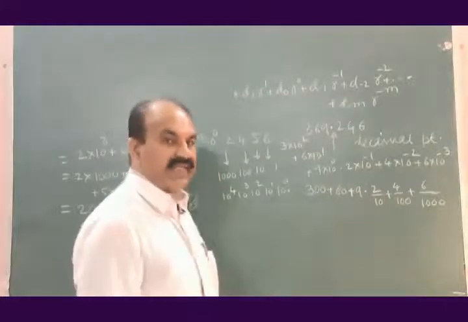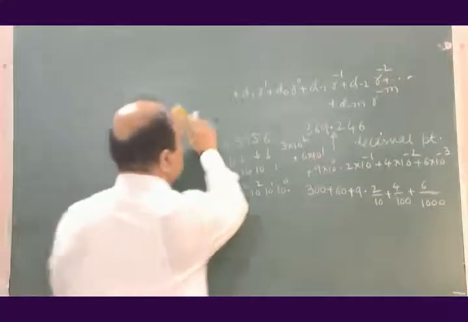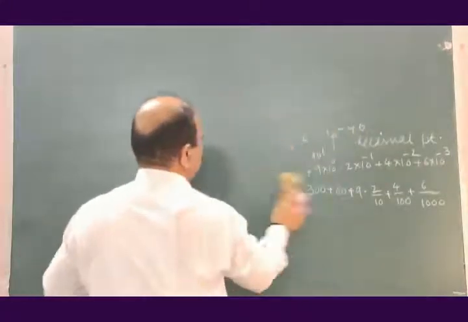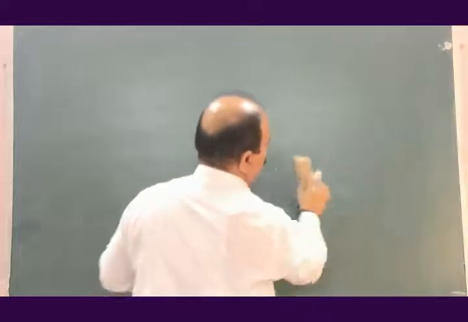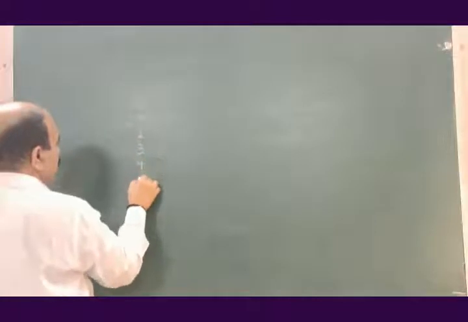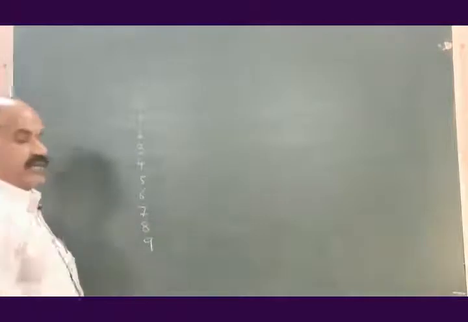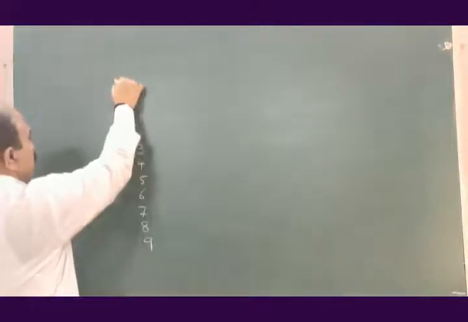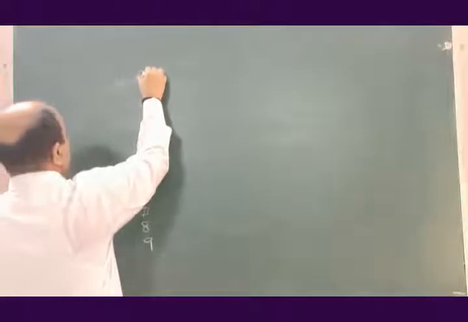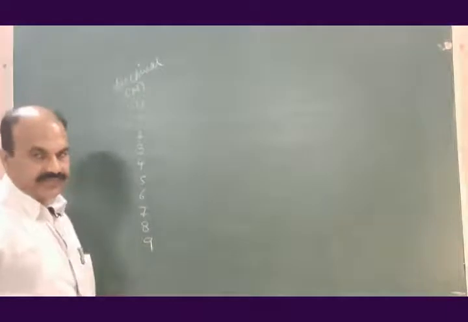Let me briefly explain what is 9's complement and what is 10's complement. To get the 9's complement of a decimal number, let us suppose these are the decimal numbers, which may be represented by n.